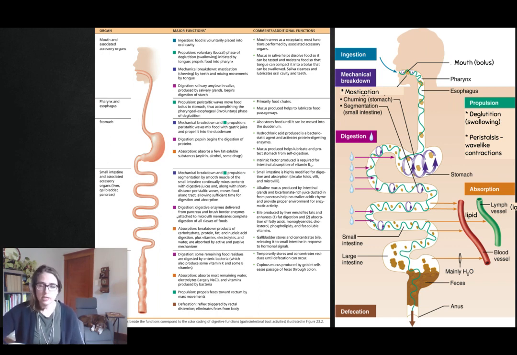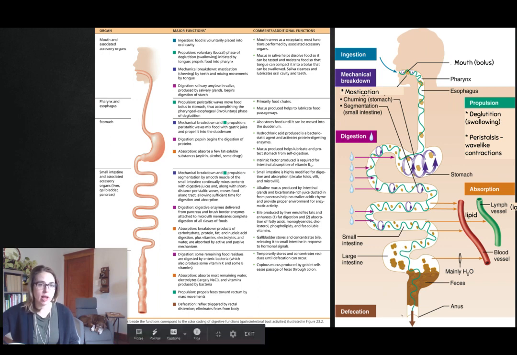It also is going to continue on with digestion, chemically breaking down the food. There's mechanical breakdown through that process of segmentation, that like mixing action that it does. And then obviously it continues to push your food through. So propulsion, if you notice on your diagram in your packet, this teal line goes all the way through the entire tract. Propulsion goes from mouth to anus the entire way.